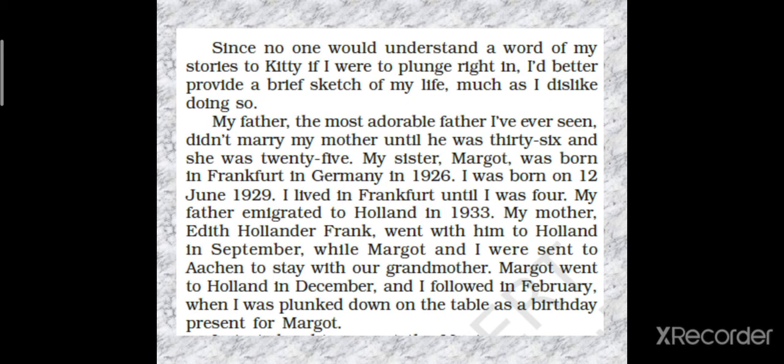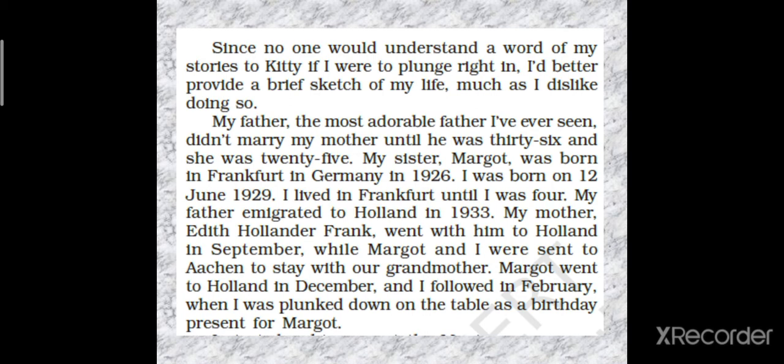That is Anne's opinion. So she writes like this: "Since no one would understand a word of my stories to Kitty, if I were to plunge right in, I would better provide a brief sketch of my life, much as I dislike doing so."